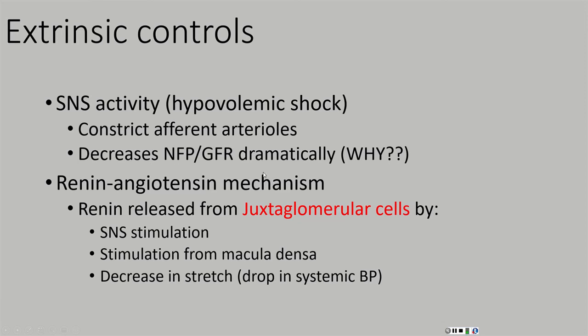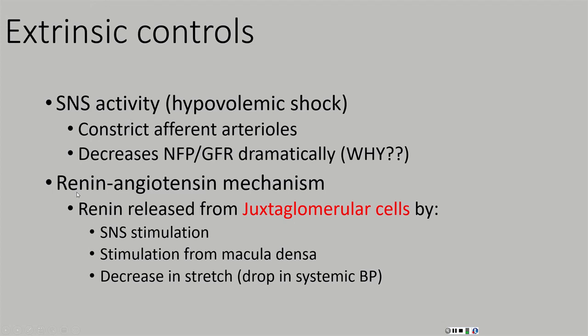But why would we want that? Let's think. If you are losing blood because you're hemorrhaging, do you really want to reduce your blood volume even further by filtering it? No. So temporarily your kidneys stop making urine. That's when the sympathetic nervous system is activated.